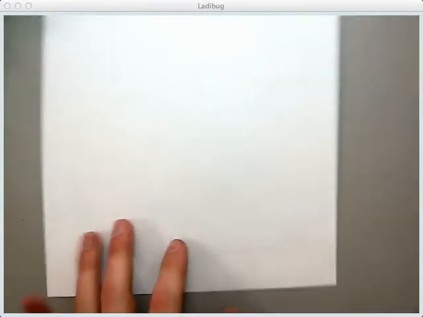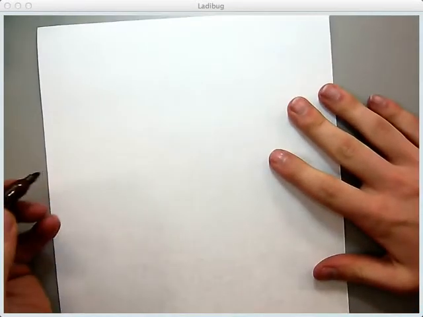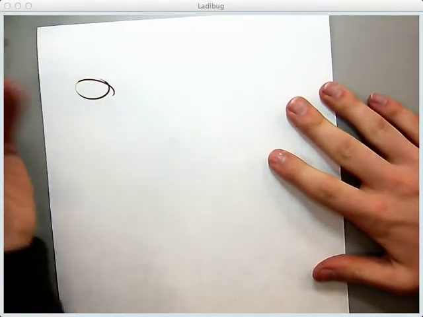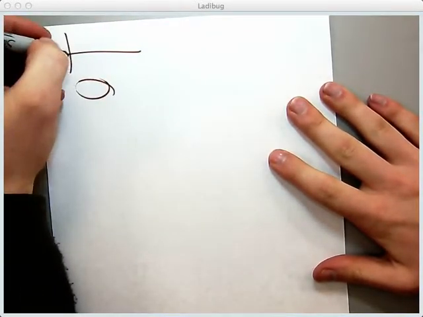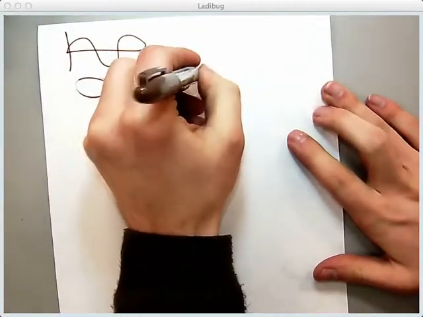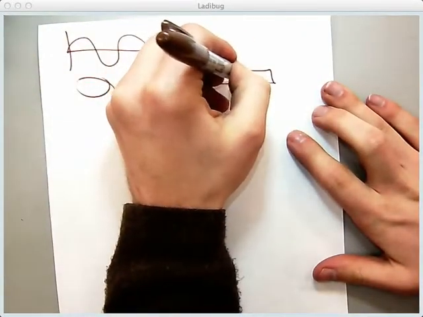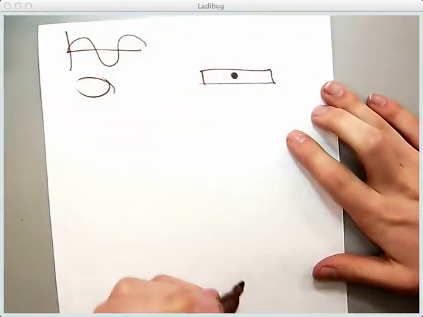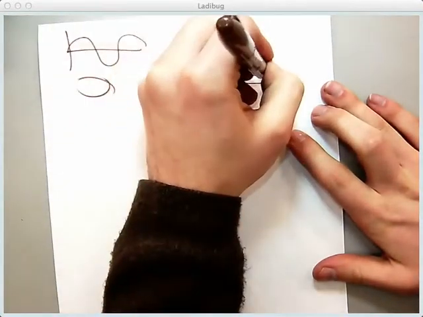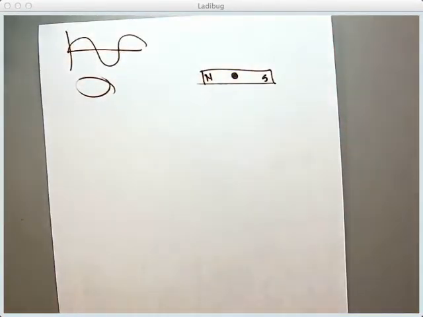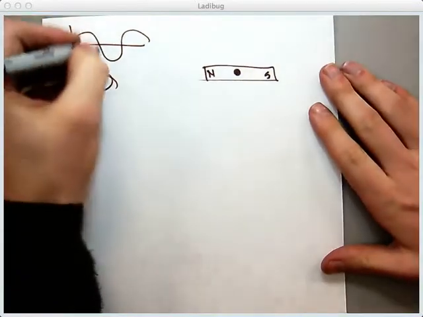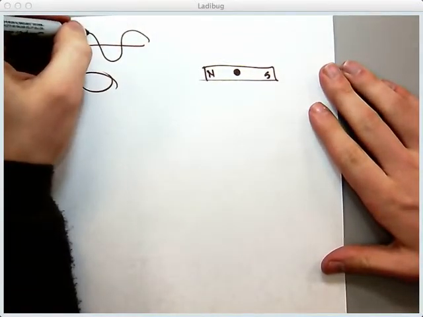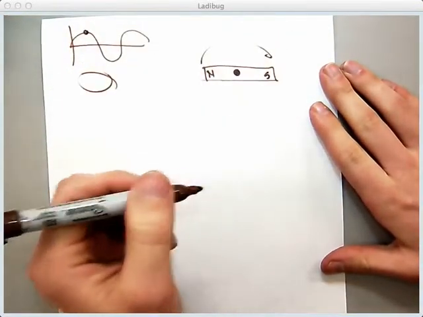I'll give you a little drawing. Let's say I have an object over here, and it's going to generate a changing magnetic field. If I have a magnet here, on a little pivot point so it can freely spin, it has a north and a south side, as every magnet does. This object is making a changing magnetic field. When this is a north here, this north is going to want to flip around.